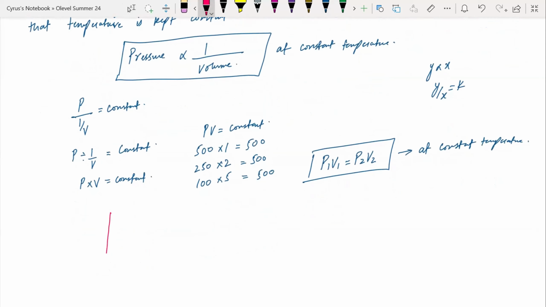If you draw a graph of pressure and volume, the graph is going to be like this.